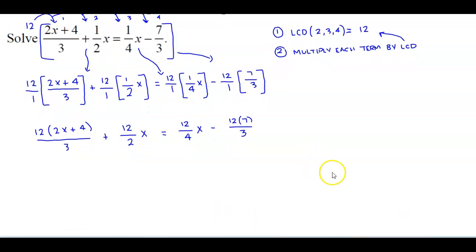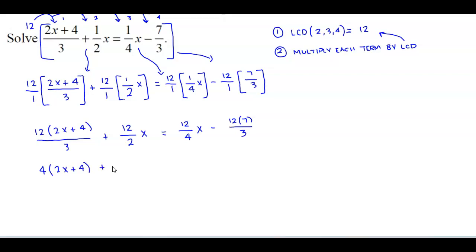Okay, so now we can go ahead and simplify the denominators according to the LCD that we just multiplied every term by. So if we take 12 and divide that by 3, then we know 12 divided by 3 gives us 4. So that's 4 times 2x plus 4.